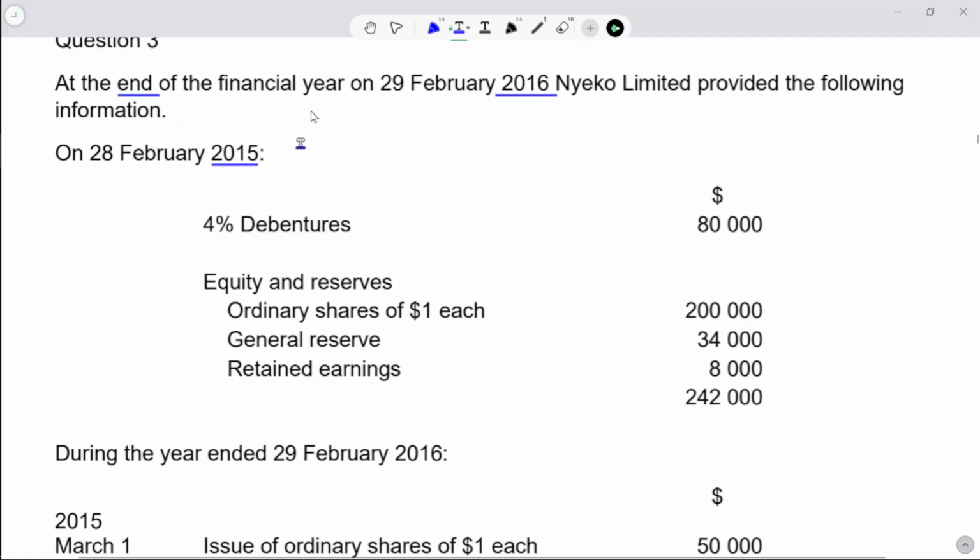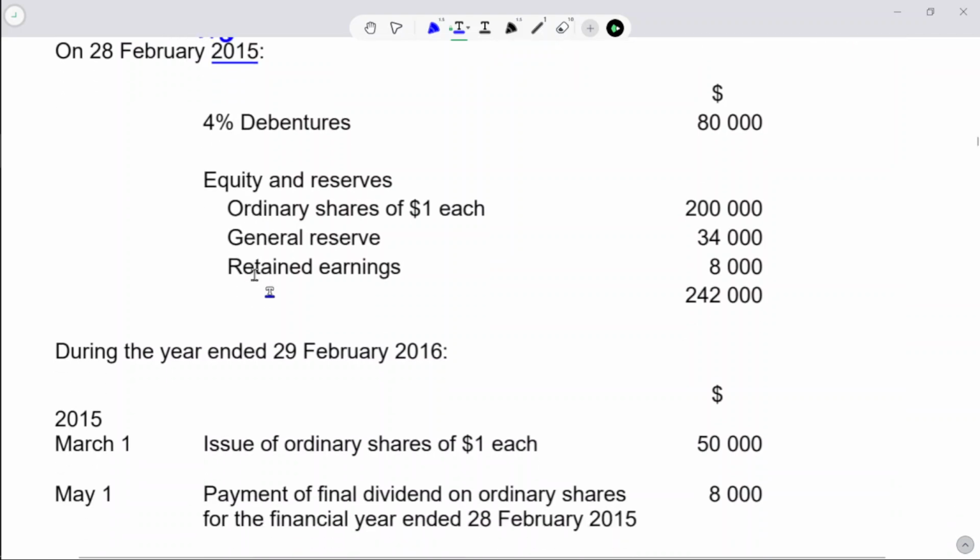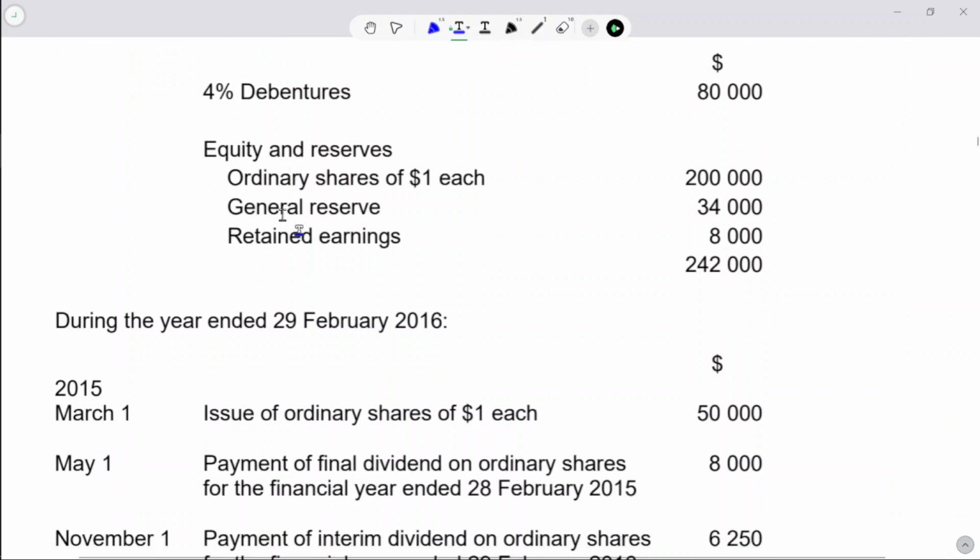So 2015 is earlier, so it's the balance brought down, and 2016 is the balance carried down.